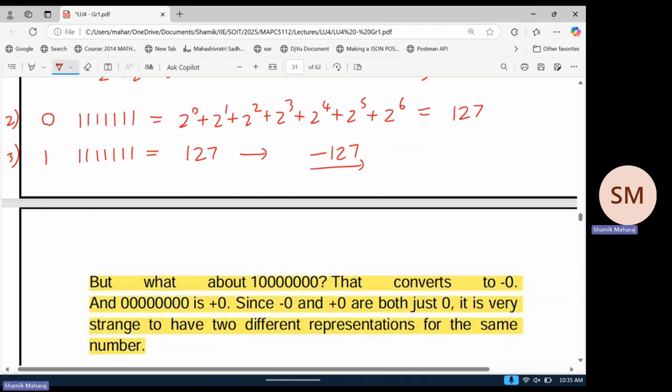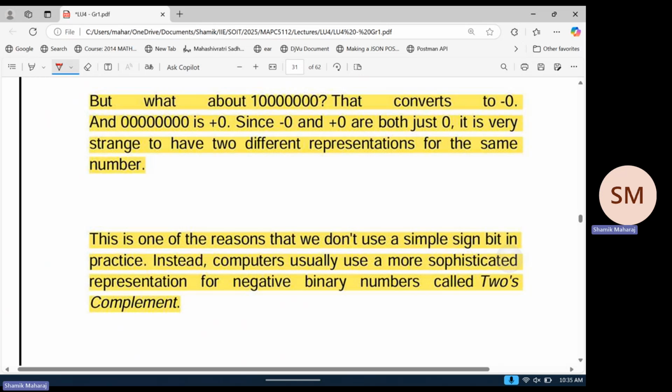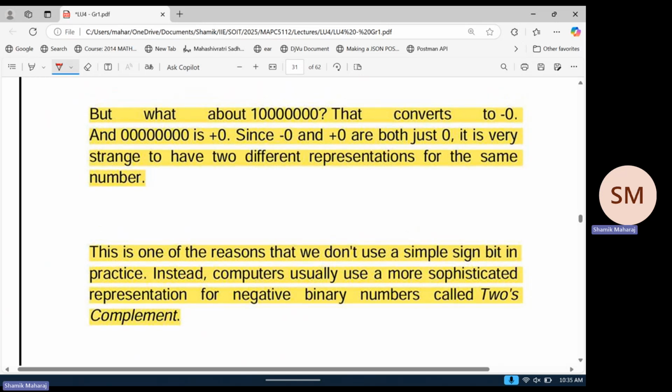All right, so let's see if I can get to this other thing today. Okay, so this is just telling us one of the reasons why a simple sign bit is not a very effective thing. It's because if we have this number here or this number here, they both in maths represent the same number. Because the one on top is -0.